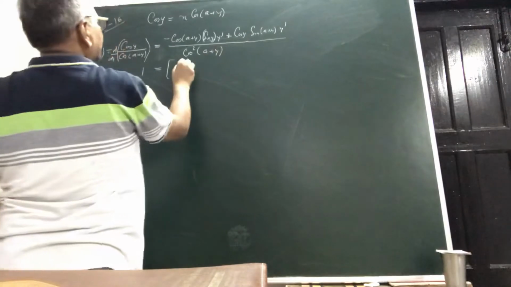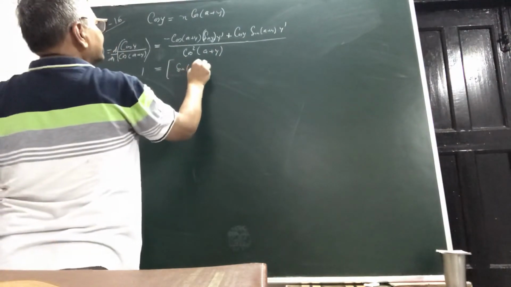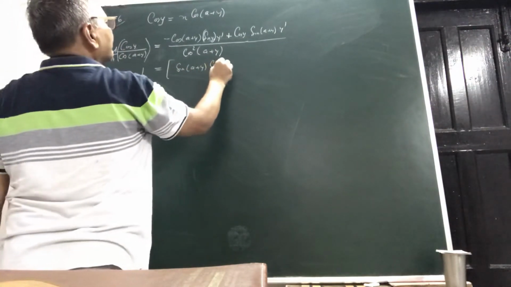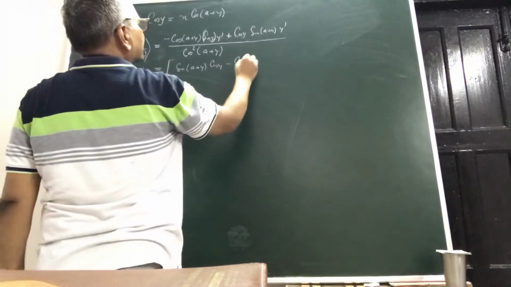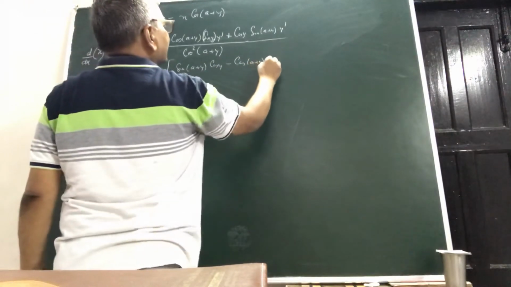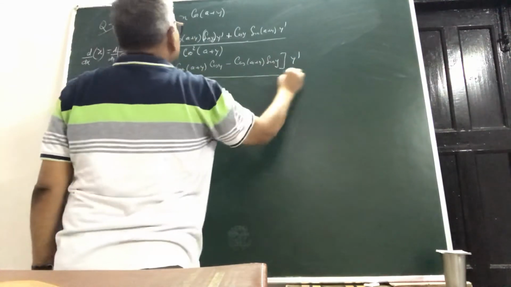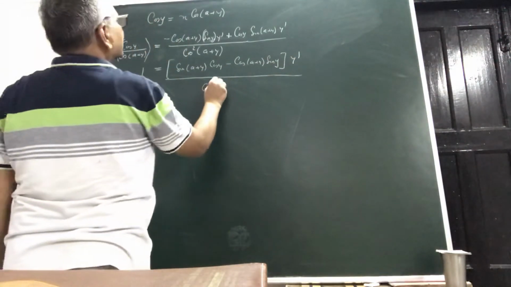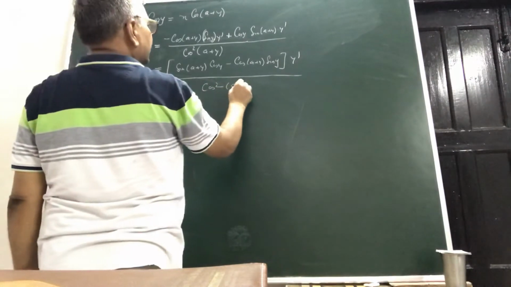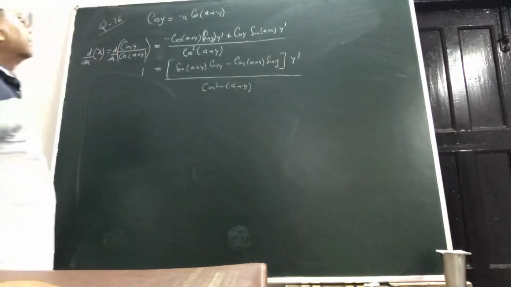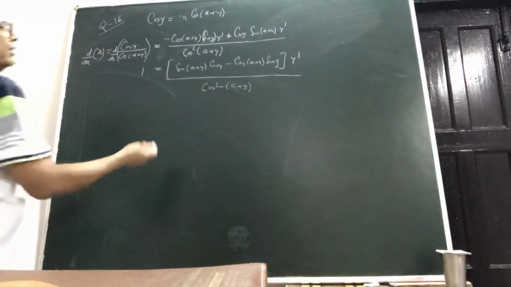Sin(a + y) cos y minus cos(a + y) sin y, and it is y' upon cos²(a + y). So this is 1.